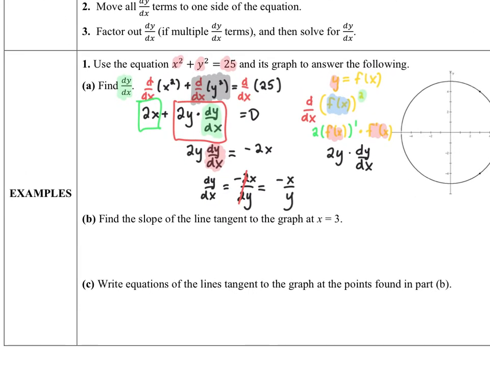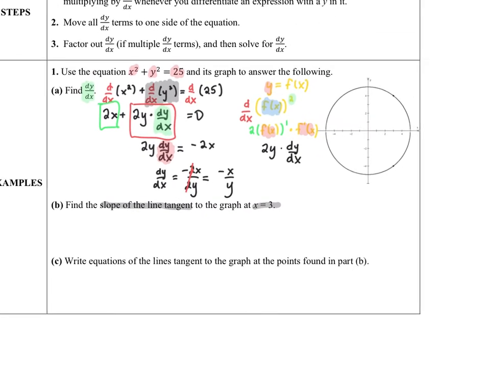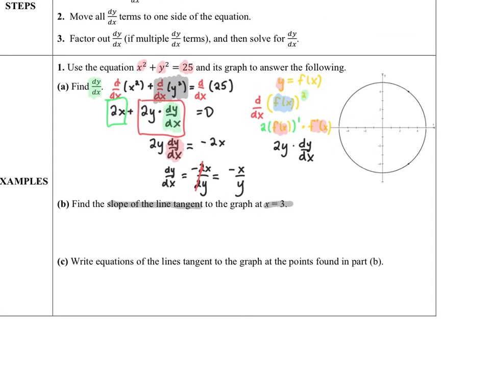Part B of this question is asking for the slope of the tangent line at x equals 3. I've got this graph over here that we're going to take a look at. And this will help us make sense of exactly what we're doing. On this graph, I have 2 points on this circle at x equals 3, and it's the circle of this equation that I started with.